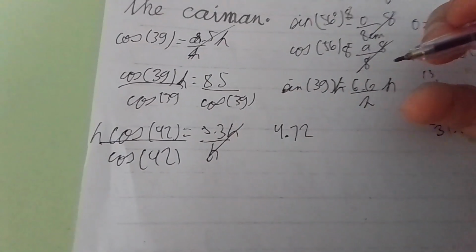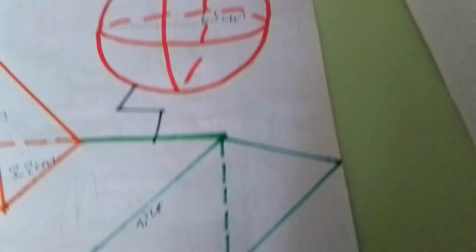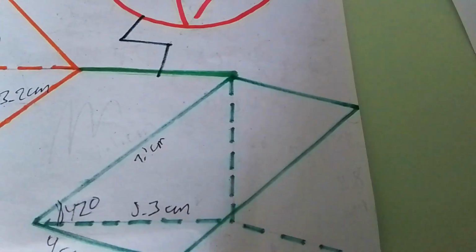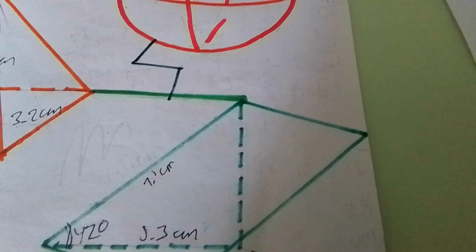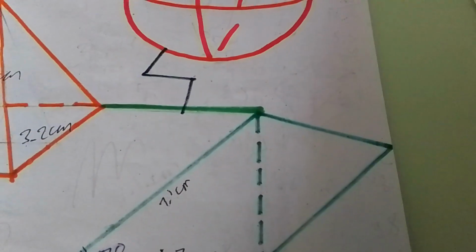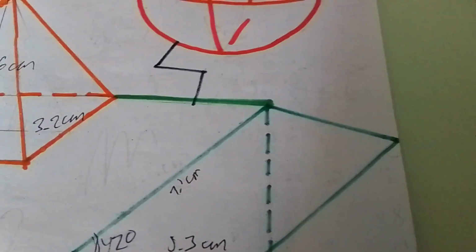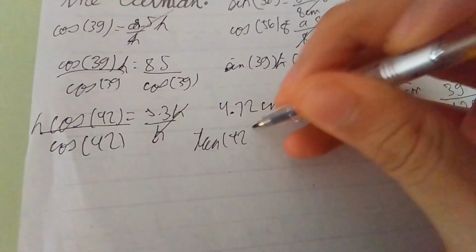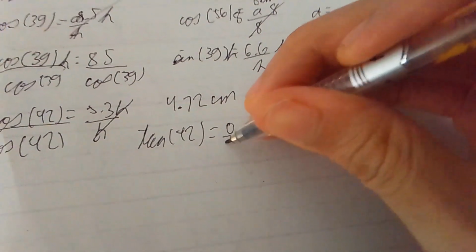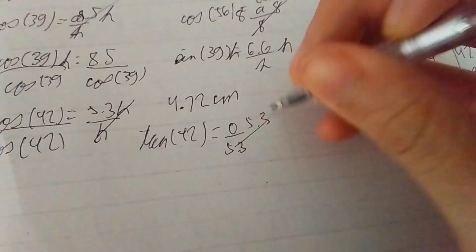But we're still not sure if that's the answer. Let's play the game called SOHCAHTOA. Remember you're given the hypotenuse and the adjacent, right? So now we're gonna do tangent. Tangent of 42 is equivalent to opposite over adjacent. Multiply both sides by 5.3.